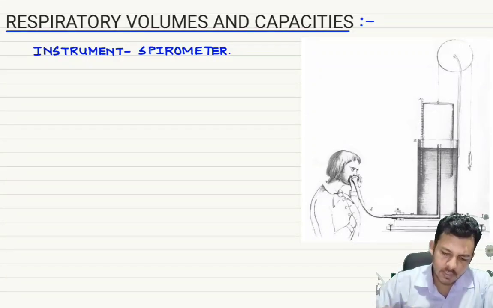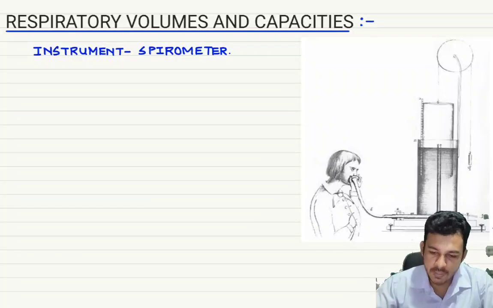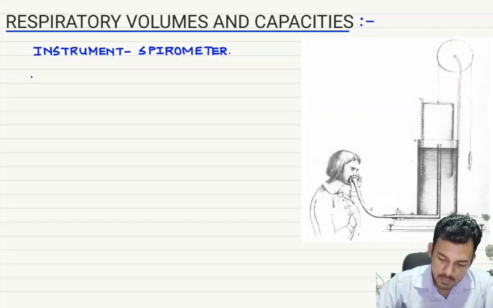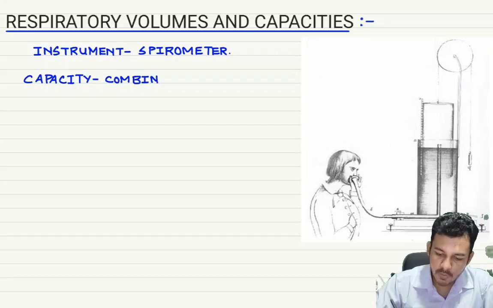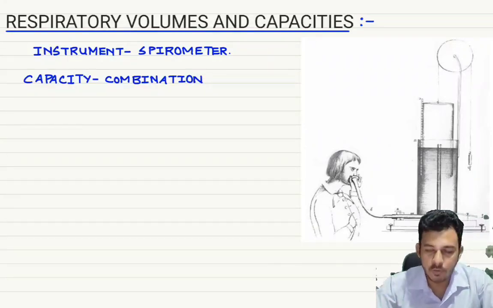Going ahead, what is the difference between volumes and capacities? Let us discuss this at the onset of the topic. Basically, capacity is nothing else but a combination of volumes. See, tidal volume and inspiratory reserve volume are pure volumes. You don't have any capacity over there.